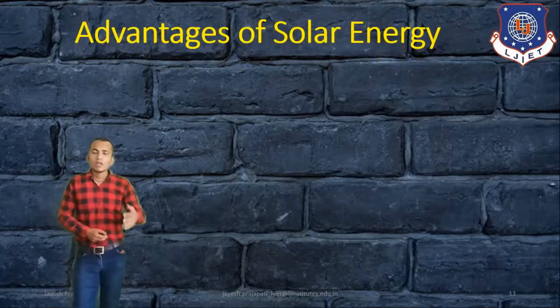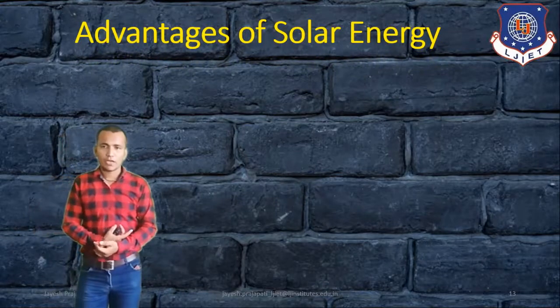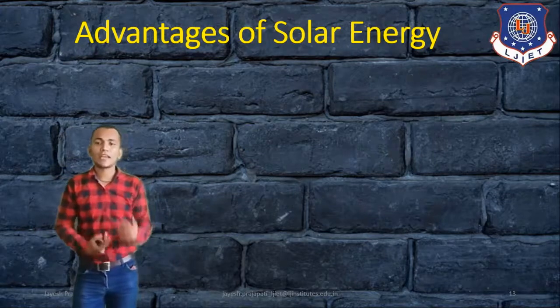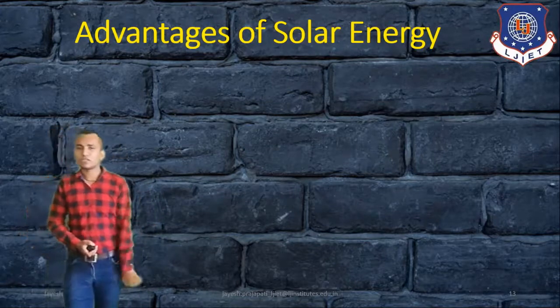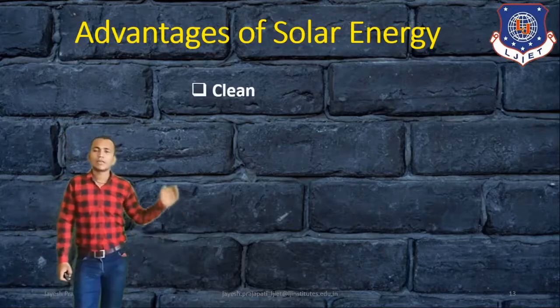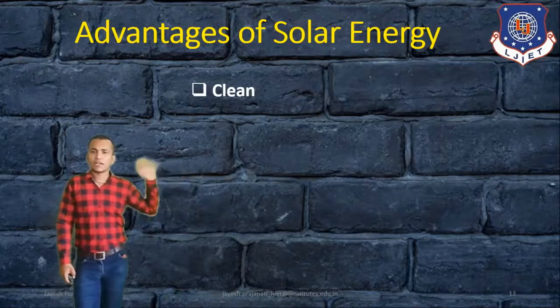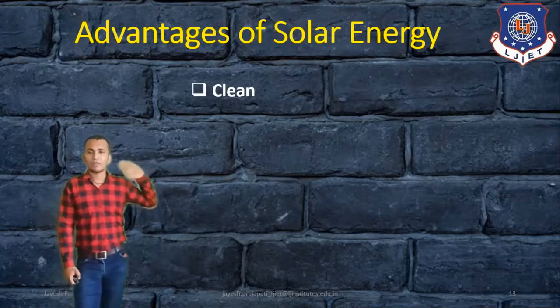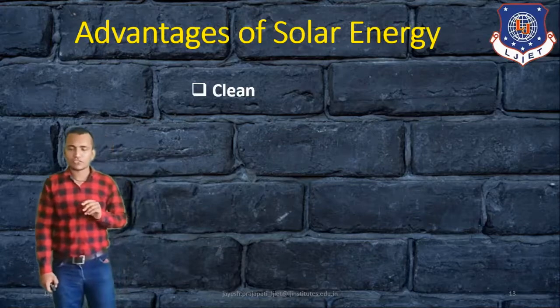Now we have discussed how solar energy works. Now we have to discuss the advantages of solar energy. It is very clean; the power generated there is clean, and it is a very simple process for generating solar energy.